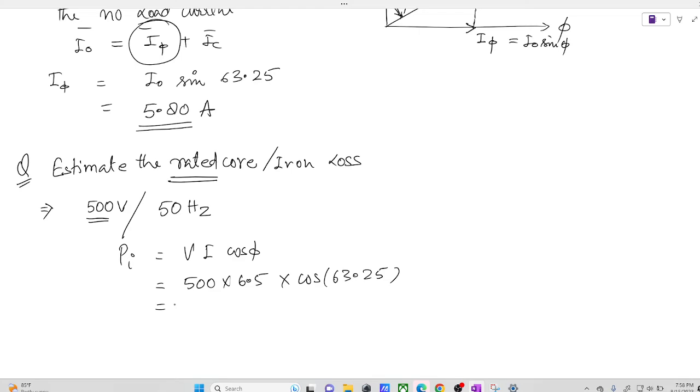This will be the real power loss, and that will be contributed as core loss or iron loss.